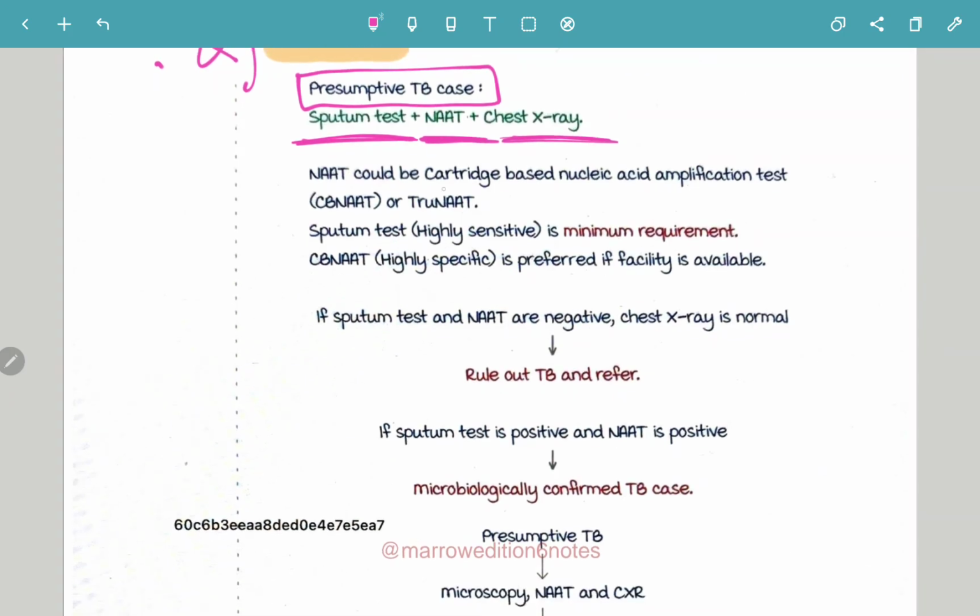So NAT could be either CB-NAT or it could be a TrueNAT, that is the Indian version. So sputum test is very highly sensitive and CB-NAT is highly specific and therefore it's very preferred.